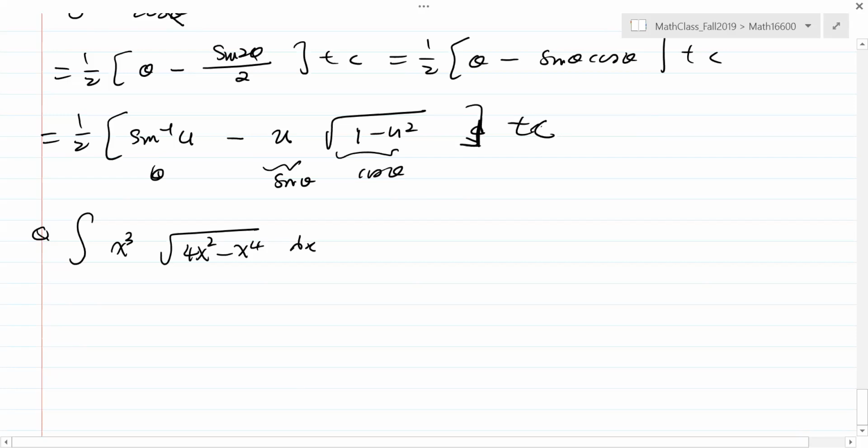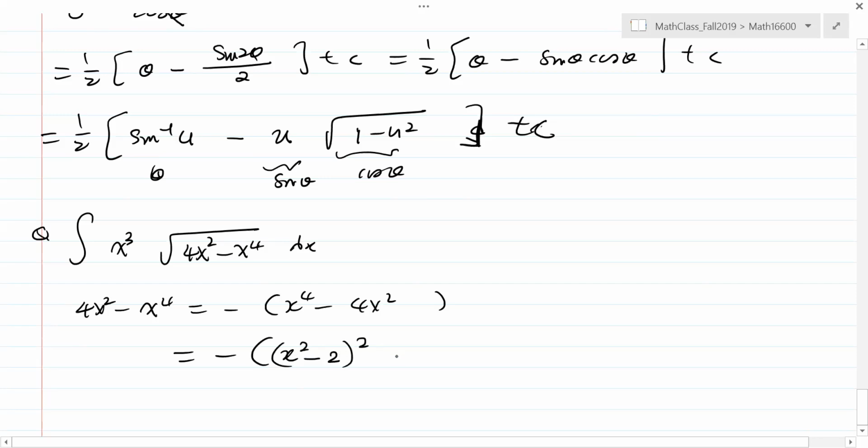Okay. So 4x squared minus x to the 4th. It's negative x to the 4th minus 4x squared. So I got negative x squared minus 2, squared, plus 4.